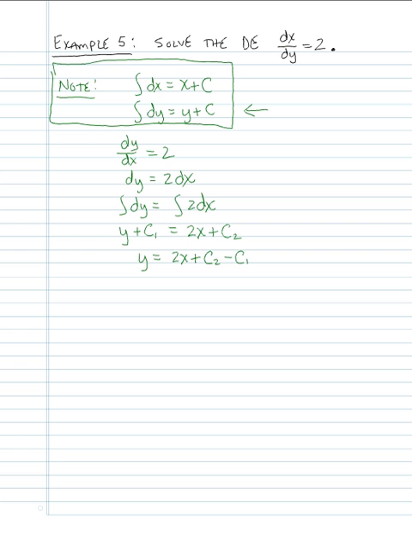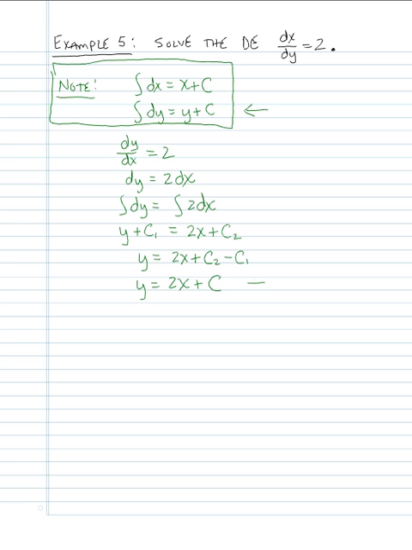But c sub 2 is an arbitrary constant, we don't know which one it is, and c sub 1 is an arbitrary constant, and we don't know which one it is. But c sub 2 minus c sub 1 is just some constant, isn't it? So rather than say c sub 2 minus c sub 1, which is some constant, we'll just say some arbitrary constant, whatever it is.